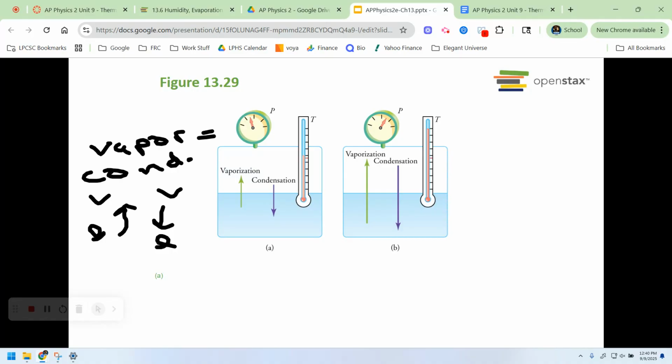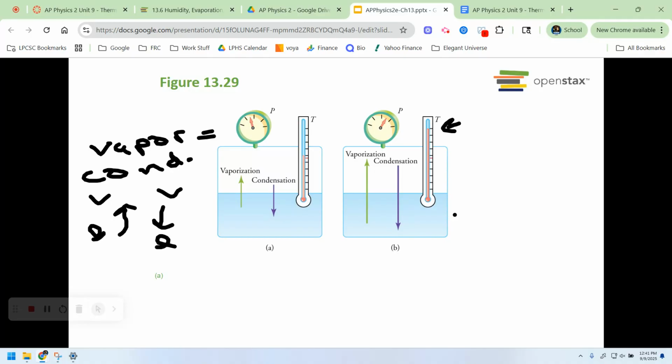So the result is gas and liquid that are also in equilibrium at a higher temperature. What they're saying is at a higher temperature you have the same thing, but now you have a higher rate of vaporization, and also a higher rate of condensation.